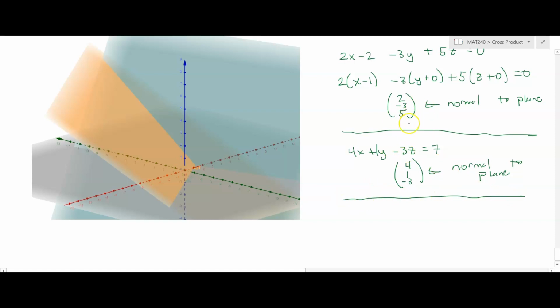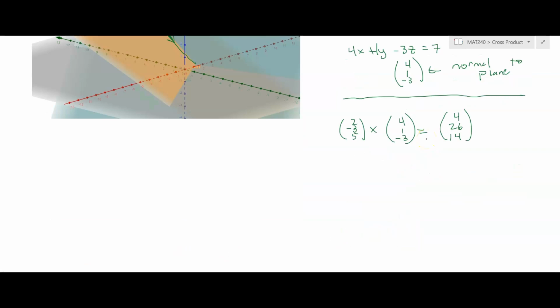And again, it doesn't matter what order, whether that vector points, in this case, here's my line of intersection. We don't really care whether that vector points this way or whether it points this way. We just want a vector that is on that line of intersection. So let's just do 2, negative 3, 5, crossed with 4, 1, negative 3. And we get the vector 4, 26, 14.